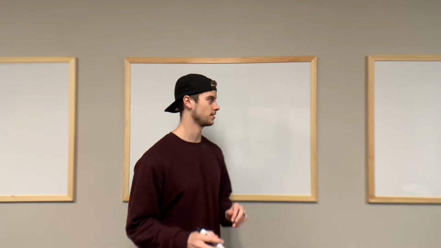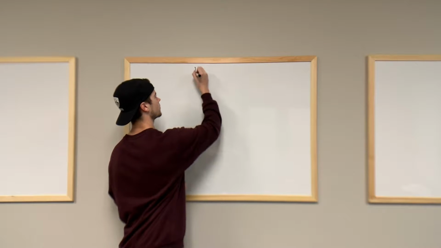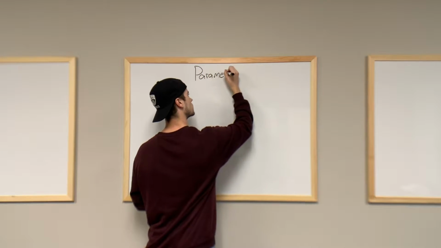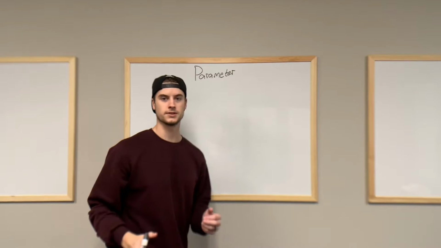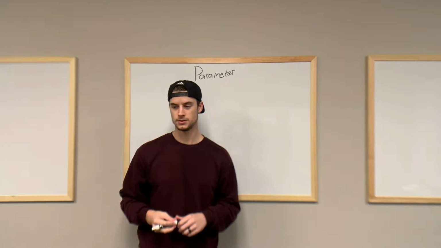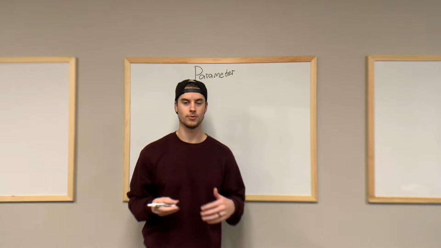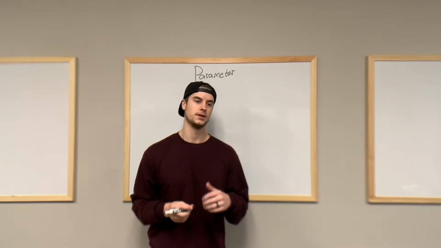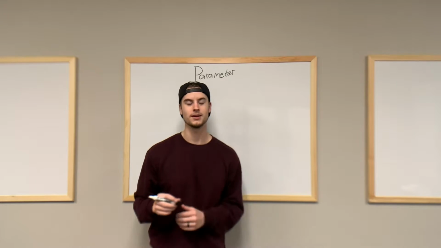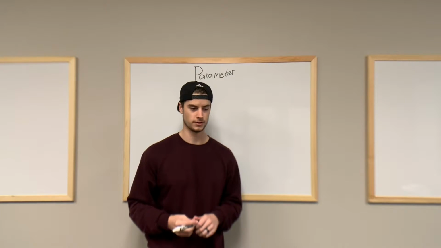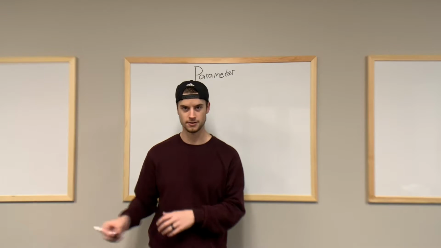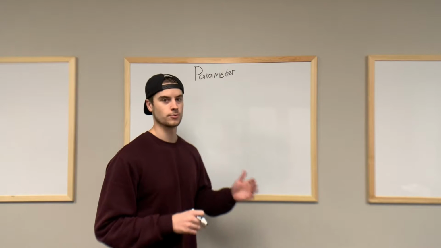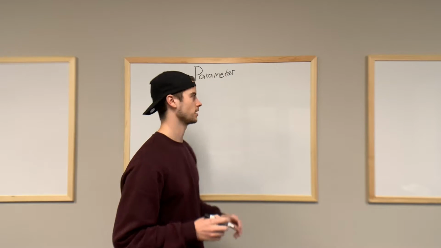Usually the parameter is what we're trying to find within the population. It could be any variable, usually like a mean, aka average, or standard deviation, which we'll talk about later, median, all that stuff. So it's just whatever we're trying to find within the population, okay?